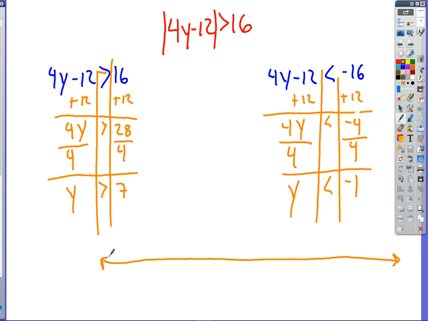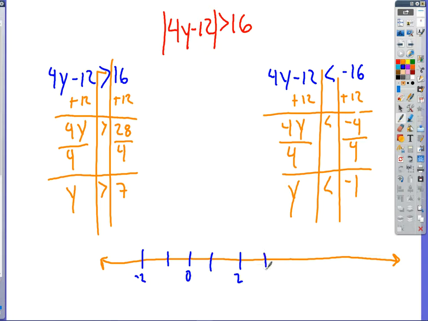What number is going to be in between 7 and -1? Yes, I would agree 6, but we want something that's sort of in the middle. 0, 4, 3. All right, let's go with 2 just for funsies. So here's 1, 0, negative 1, negative 2.